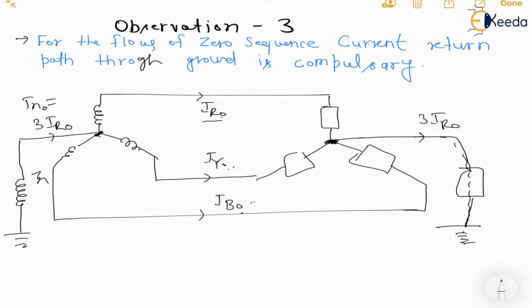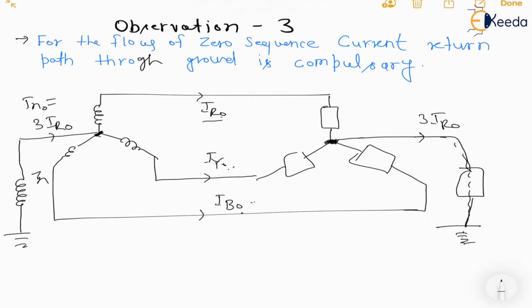Now I am going to conclude a few points. For flow of positive and negative sequence current, return path through ground is not required, as I have mentioned. The second point is, the value of Zn will not affect the value of positive and negative sequence current. The third point is, for the flow of zero sequence current, return path through ground is necessary.